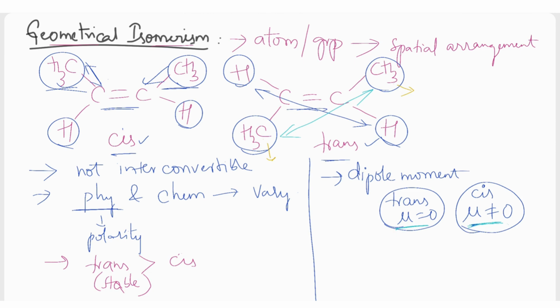If bulky groups are at extreme positions, the repulsions are going to be minimum. Repulsions are low, and hence the stability is high. Trans molecules are more stable than cis molecules. This is about geometrical isomerism with cis and trans isomers and their properties.